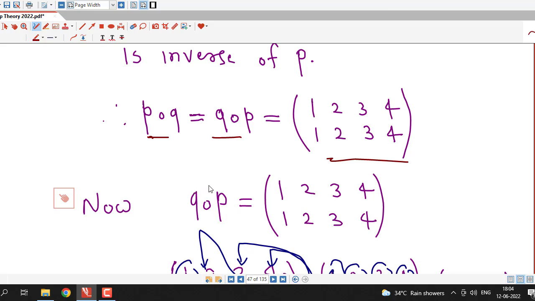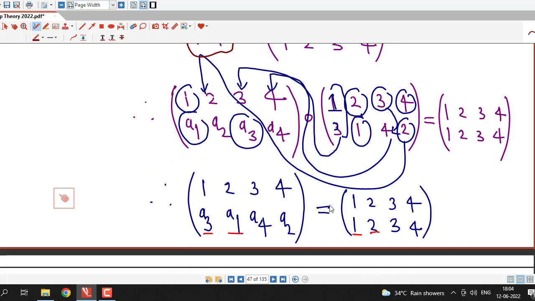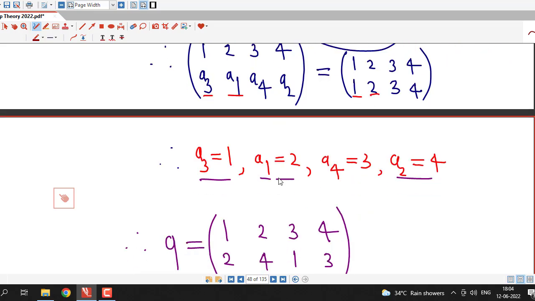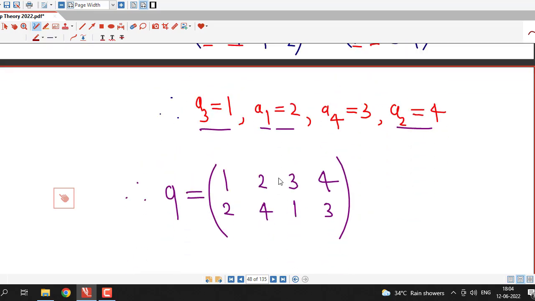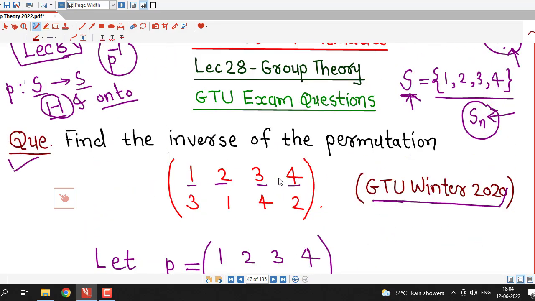Now we are using this fact, Q composite P is identity permutation. So we apply this composition between Q and P, and then we are able to find out values of these A1, A2, A3 and A4. So in this way we can easily find the inverse of given permutation.